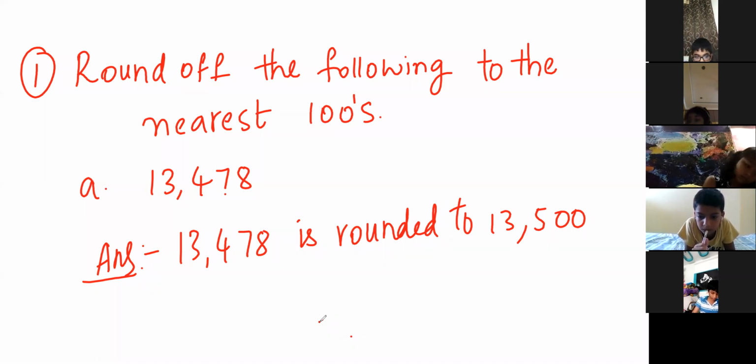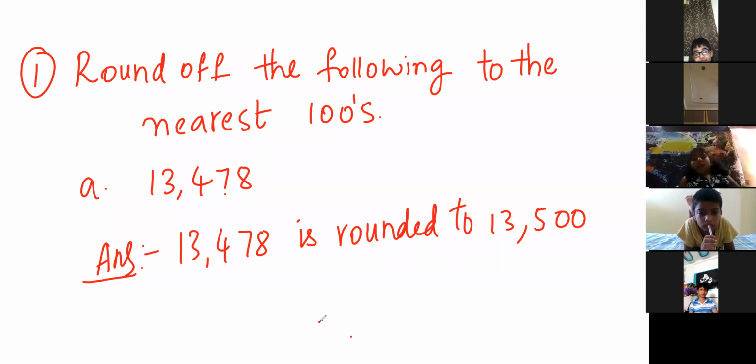Does it become the nearest multiple of 100 or not? Whenever we are rounding off to the nearest hundreds, we have to choose the nearest multiples of hundreds. Whenever we round off a number to its nearest tens, we have to choose the nearest multiples of tens only.